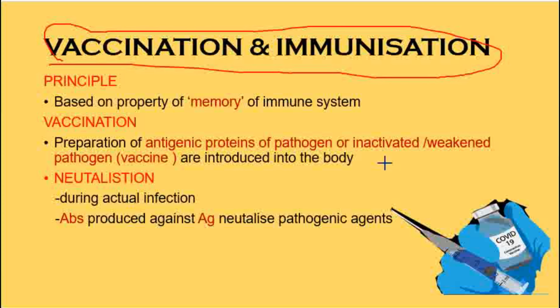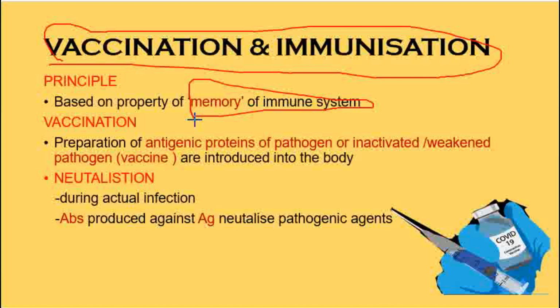In vaccination and immunization, the property of memory of the immune system is utilized. That's the principle of vaccination. Your immune system is able to recognize a previously attacked pathogen, just like you have a memory of things which happened to you earlier.